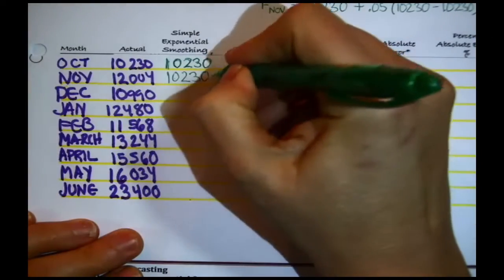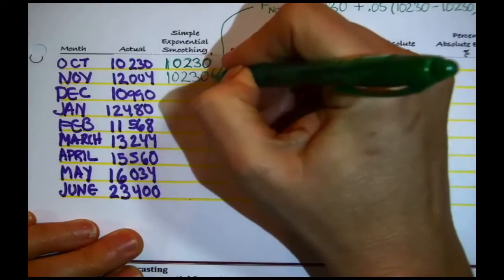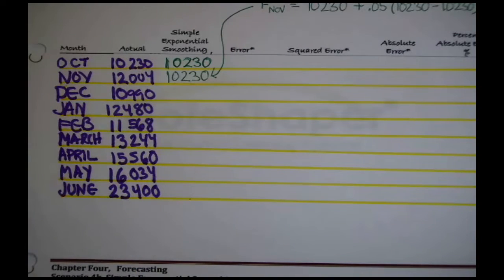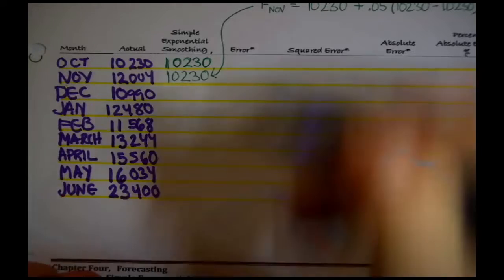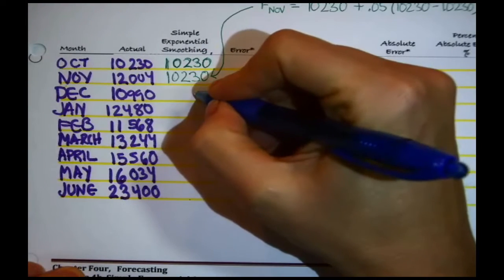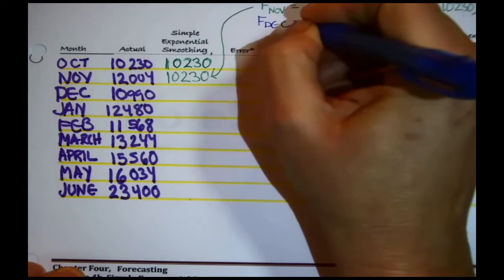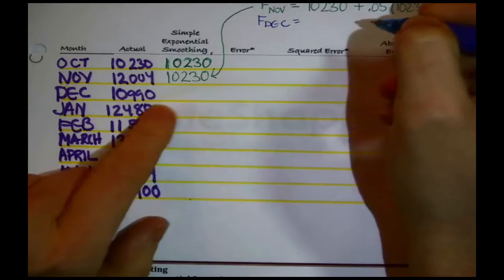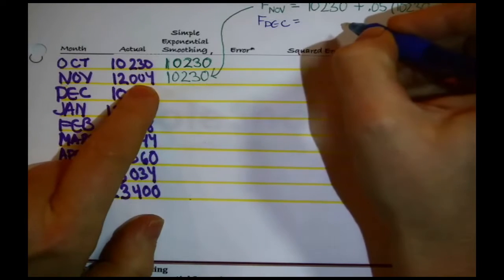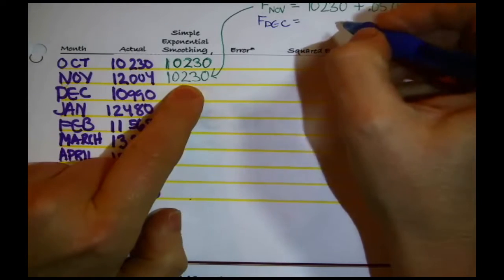That was the scratch work, for instance, for November. What about for December? What would the forecast be for December? Well, it would be the forecast for November, the previous forecast. The forecast for November was that part right there.